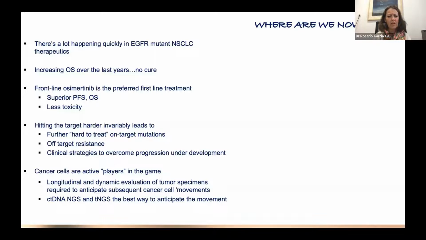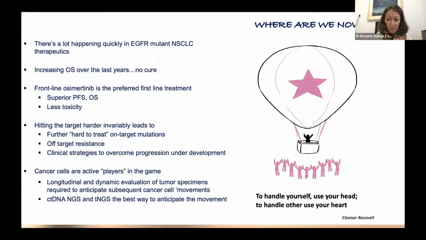I truly believe that the dynamic evaluation of the tumor is going to be necessary to anticipate subsequent cancer cell movements, our movements, and of course, ctDNA, NGS, tumor NGS is the best way to anticipate the movement. We can do it, I don't think we can do it alone. I think that this needs to be done in a multidisciplinary approach, where everybody needs to believe that it's really the way to move forward.